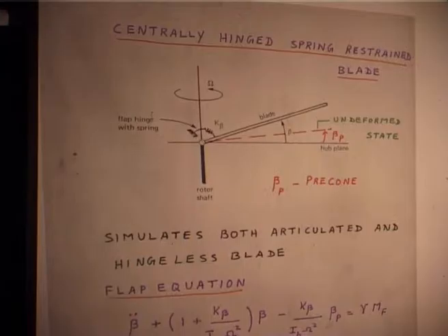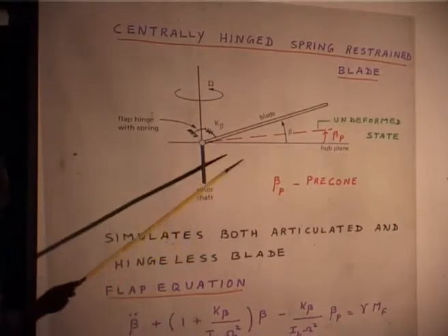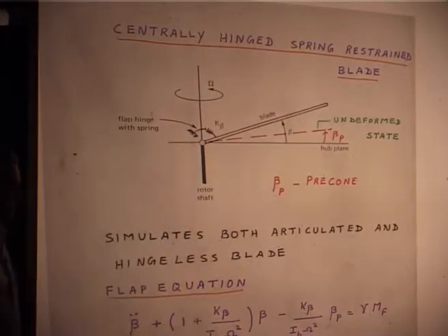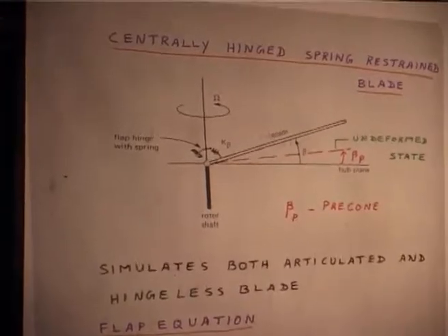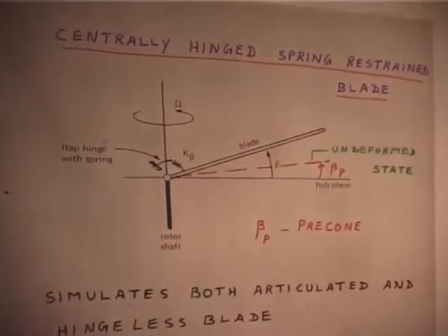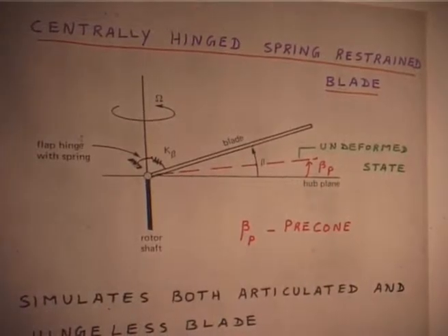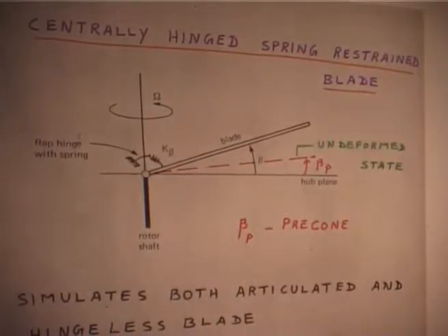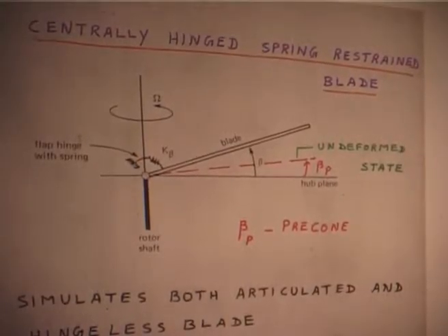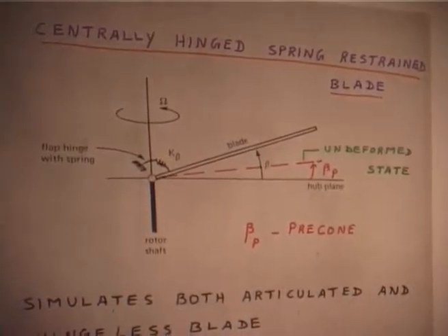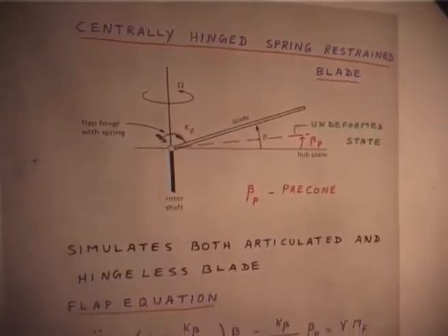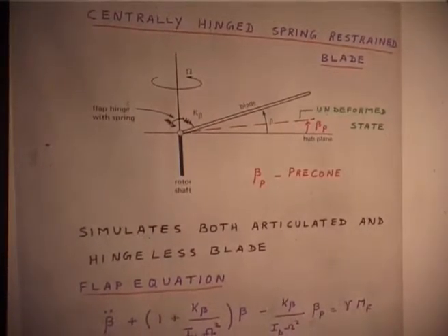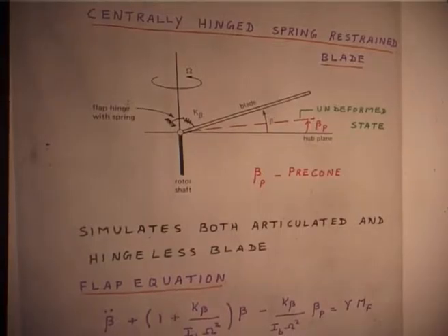And one more thing I have added in this diagram: I put a red line and a beta sub p, which I call pre-cone. That means my rotor blade in the undeformed position is not horizontal, it is slightly kept at an angle. When you assemble the blade in manufacturing, you are giving a coning angle, pre-cone, a set geometric angle.